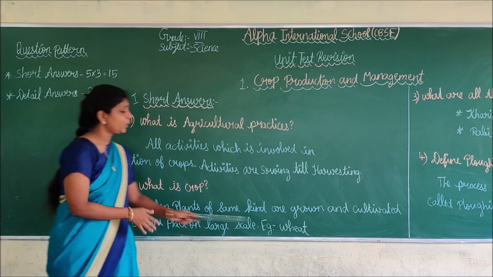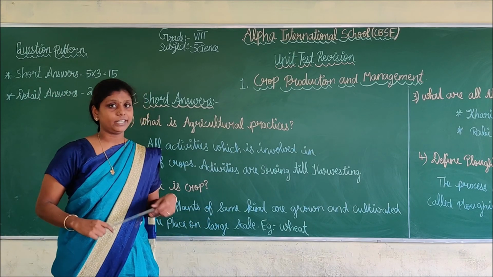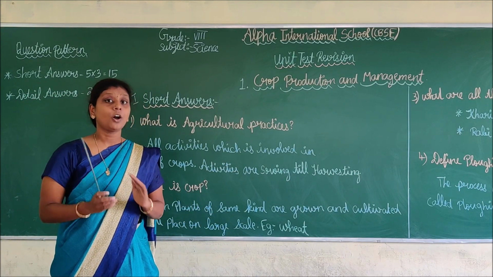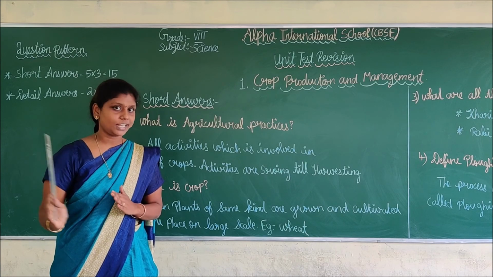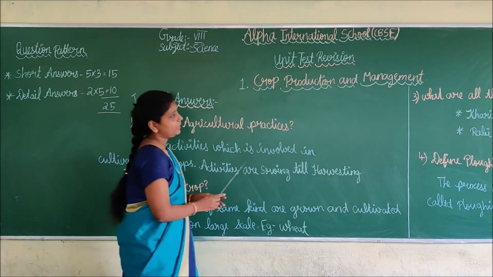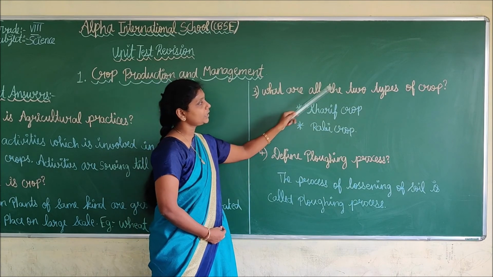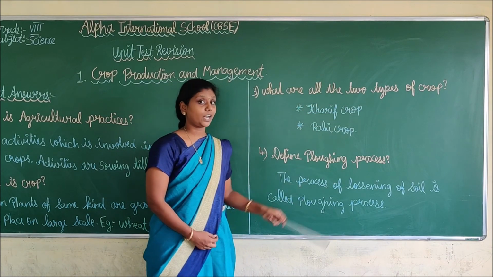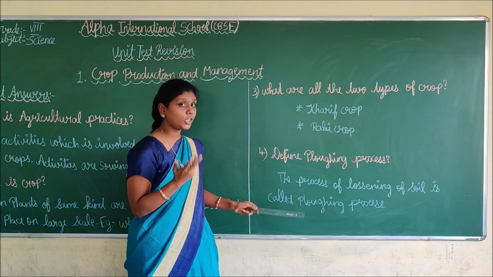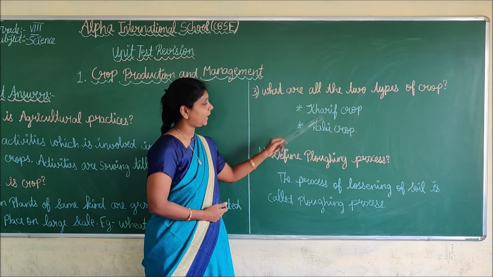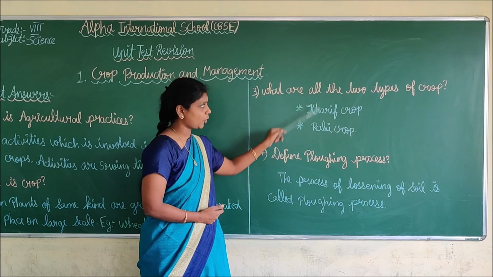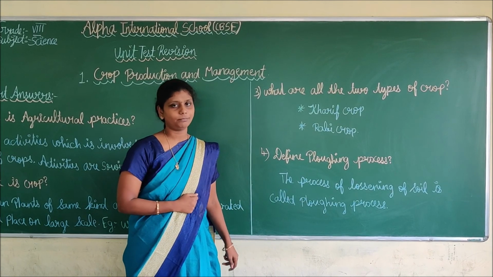For example, wheat. Wheat is cultivated in a whole agricultural land on a larger scale. That we call a crop. Next, what are the two types of crops? Kharif crop and Rabi crop.